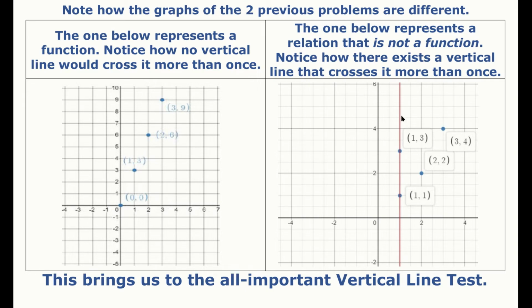So one vertical line, and that's how you know this graph is not the graph of a function, and this graph is the graph of a function, because no vertical line would cross this more than once.